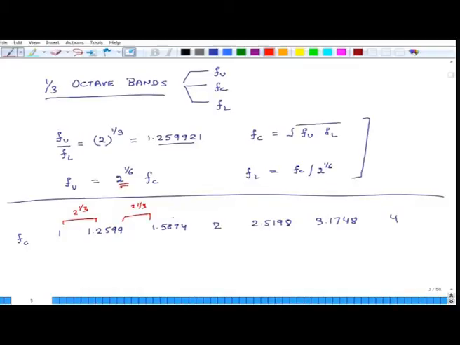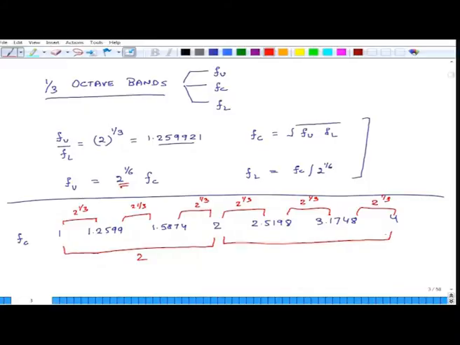All these successive ones are off by a factor of 2 to the power of 1 by 3, and if you look at every third central frequency, it is off by a factor of 2. So, this is how it works out.